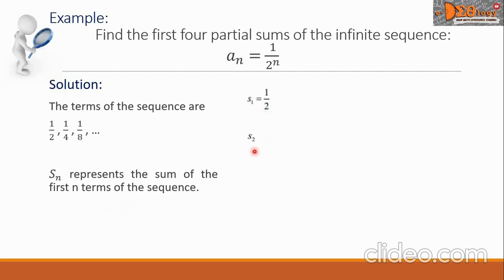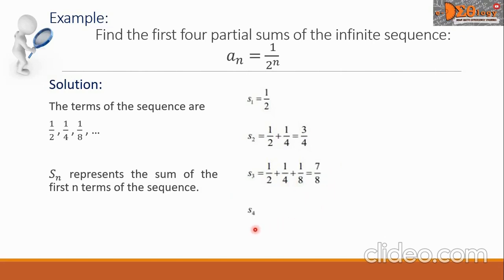For S sub 2, we're going to add the first two terms, 1/2 plus 1/4, and this is equal to 3/4. The S sub 3 is the sum of the first three terms, 1/2 plus 1/4 plus 1/8, and the total is 7 over 8.